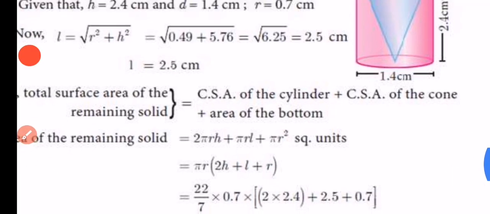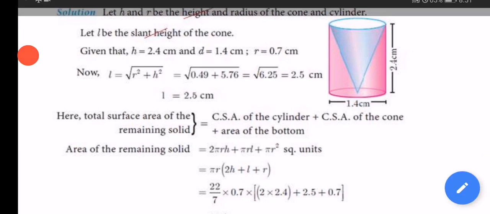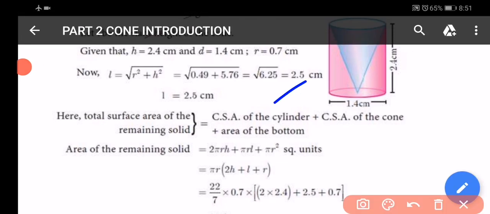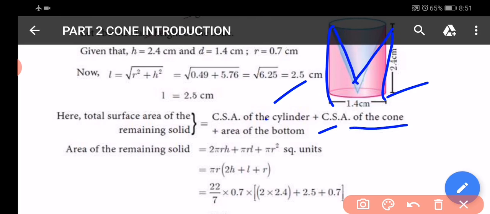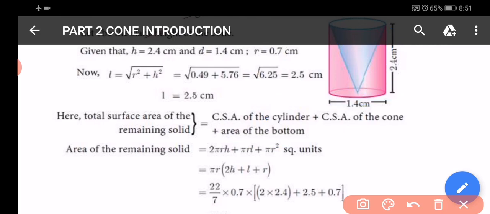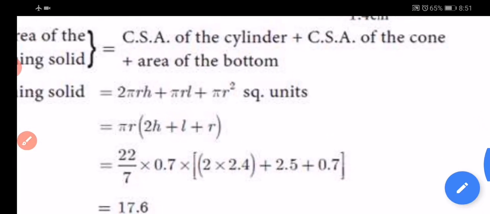So now the total surface area of the remaining solid has three parts. First, the outside part is the curved surface area of the cylinder, the inner part is the curved surface area of the cone, and the base area is the area of the circle.